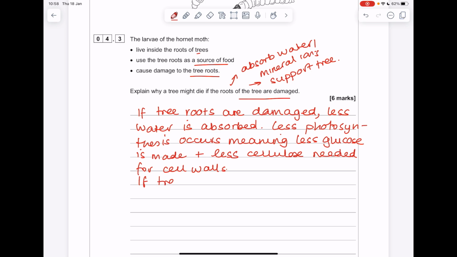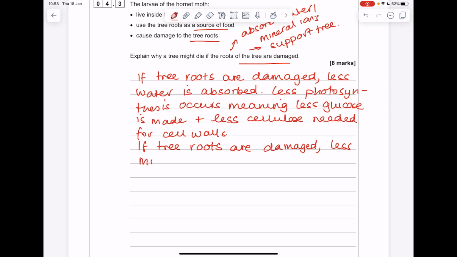If tree roots are damaged, less mineral ions are absorbed. Why is that a problem? Fewer nitrates mean fewer proteins are made.